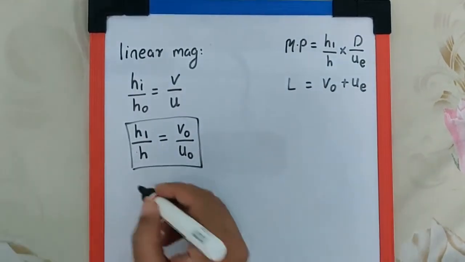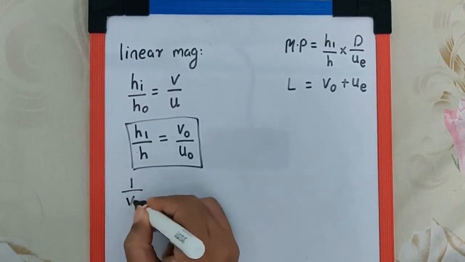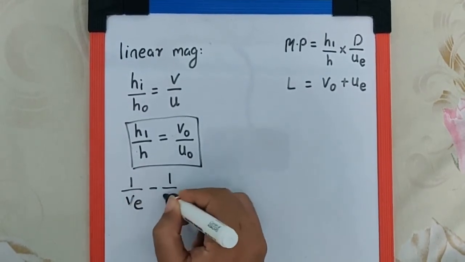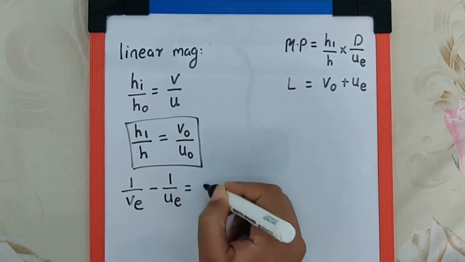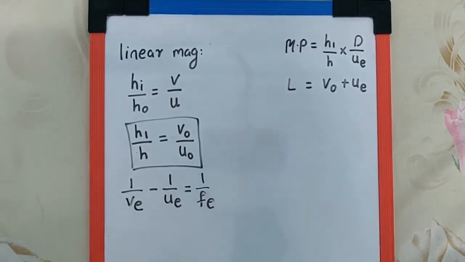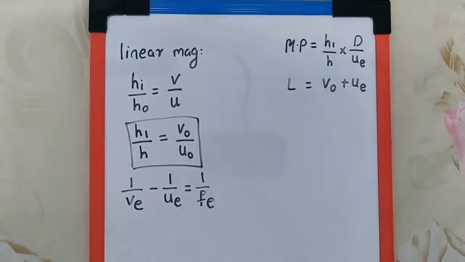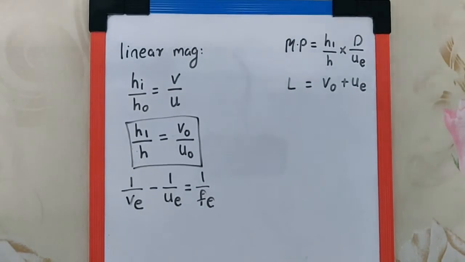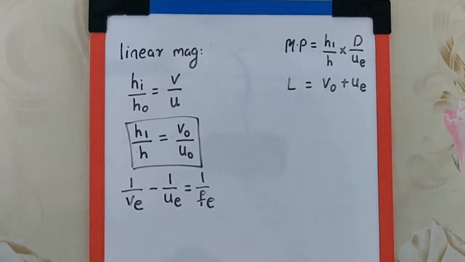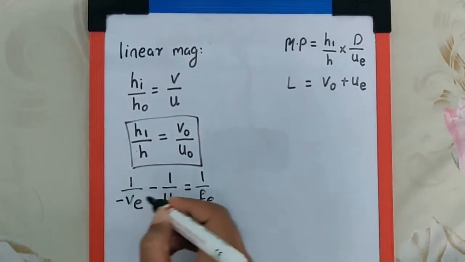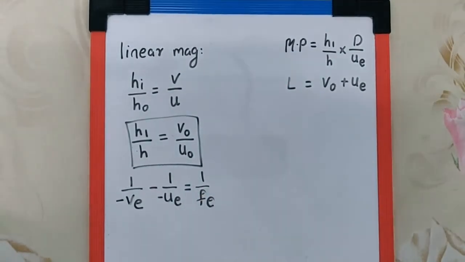At the same time, we can also use 1 by VE minus 1 by UE is equal to 1 by FE for the eyepiece, where we know the object and the image for the eyepiece were both on the left hand side of the lens, which means VE and UE both are negative.